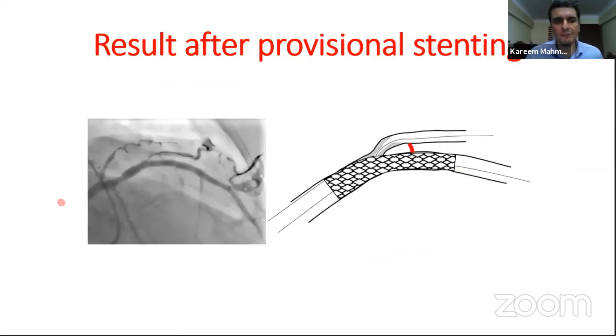So if we have this type of lesion with a narrow angle of bifurcation, as seen here, if we use the TAP, our stent may protrude into the main vessel, and this protrusion may partially obstruct the flow in the main branch stent.